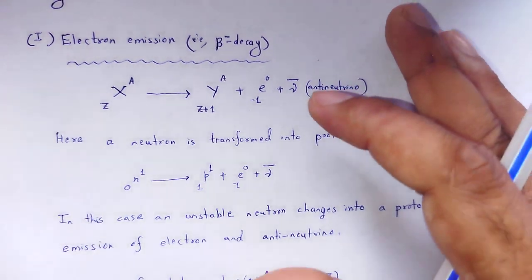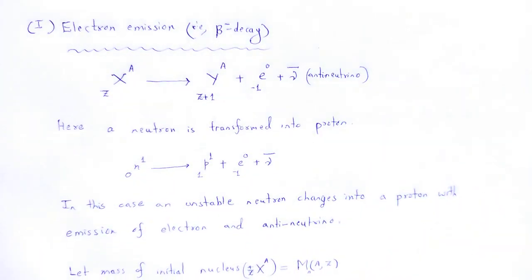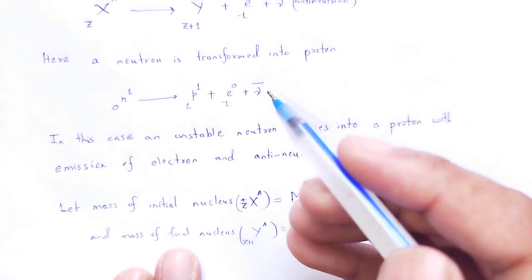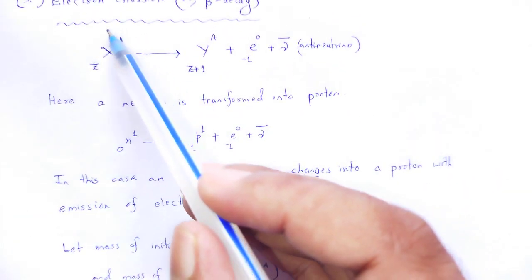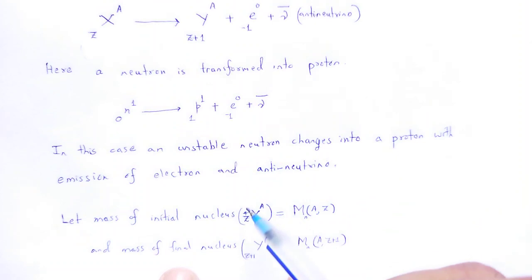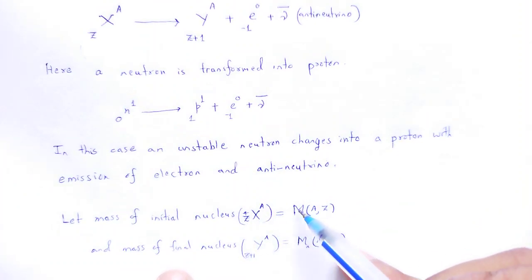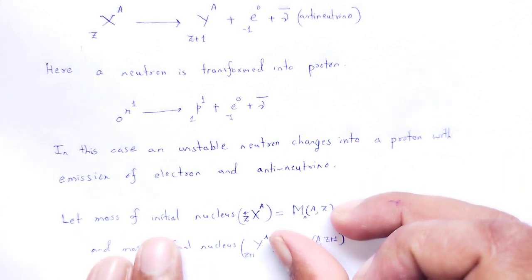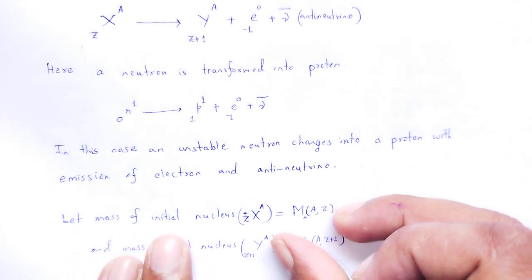During that beta minus decay, what amount of energy is released? Let me calculate. Let the mass of the initial nucleus ZXA be capital M. This is the notation; in notation form we write the mass of the initial nucleus.